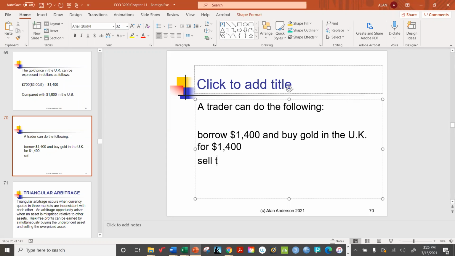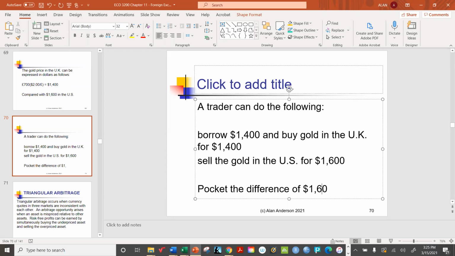Sell the gold in the US for $1,600. Pocket the difference. Well, they have to repay the loan, but pocket the difference of $1,600 and then repay the loan of $1,400.